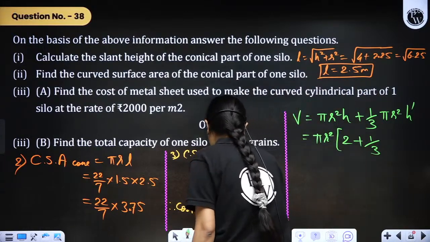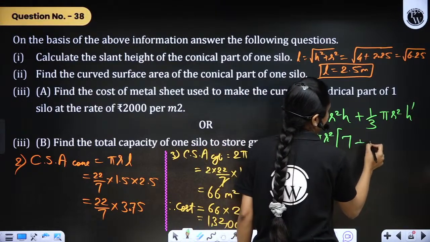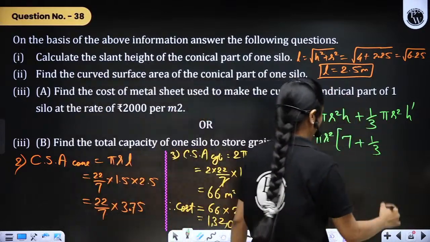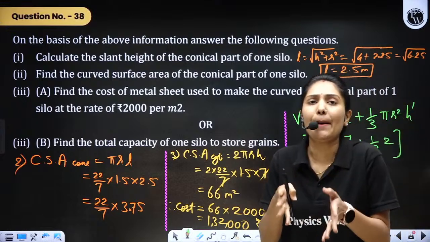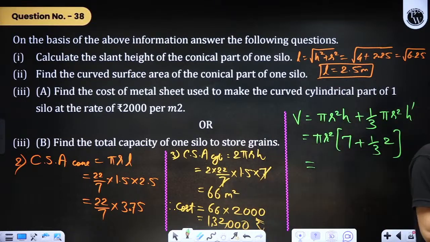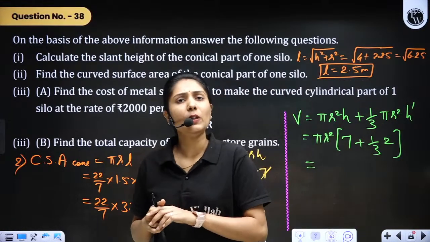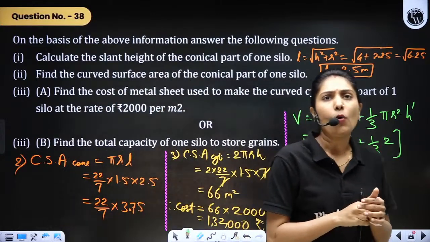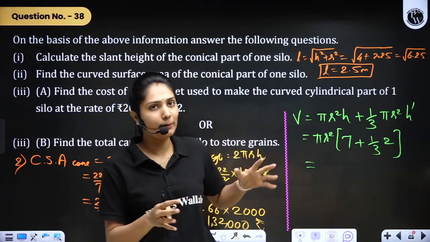Height is 7 for the cylinder and 1 by 3 into height 2 for the cone. 4.71 must be for the cone and the next one will be for the cylinder.